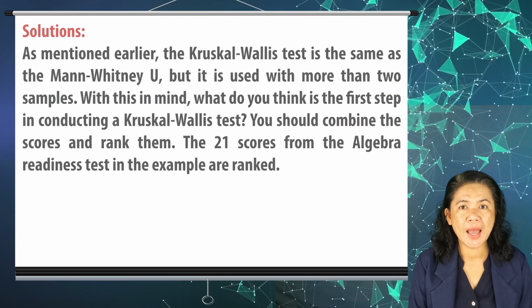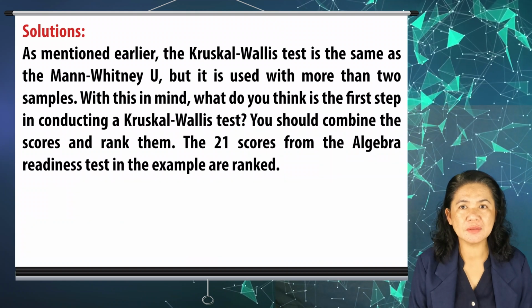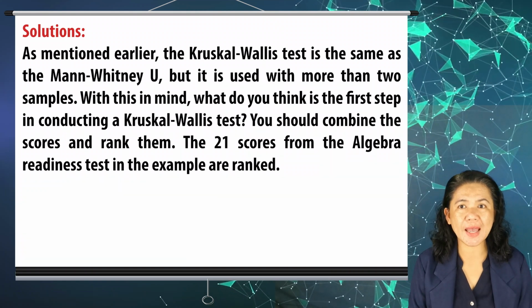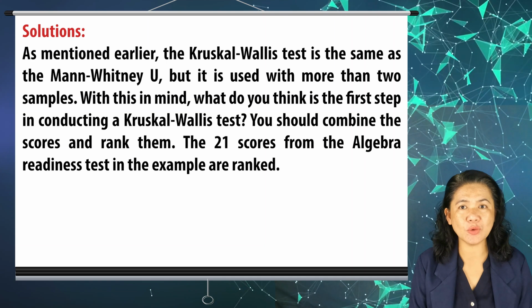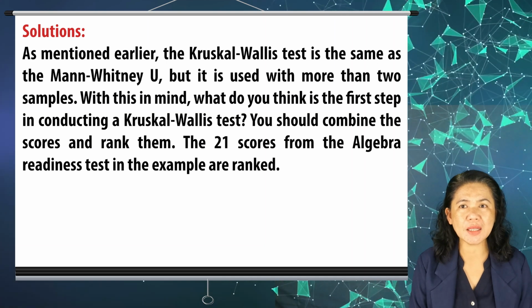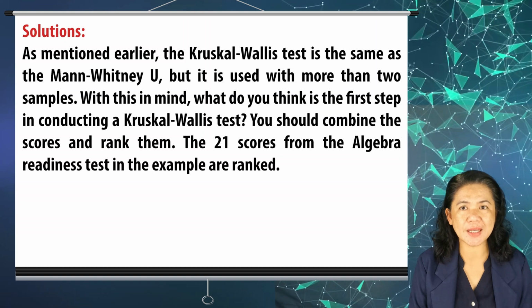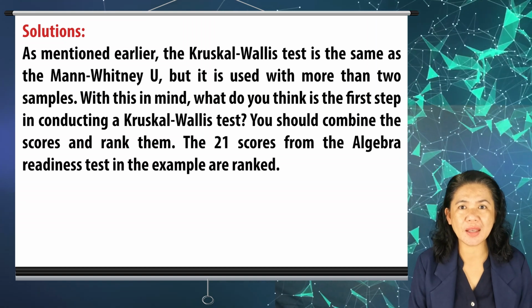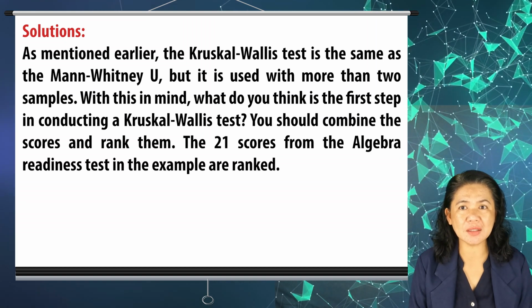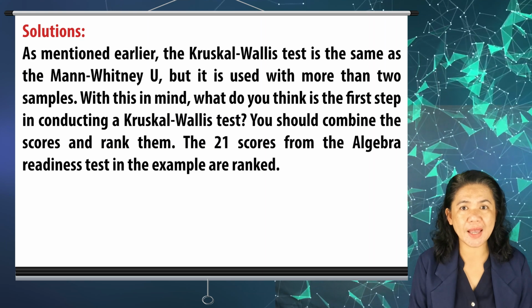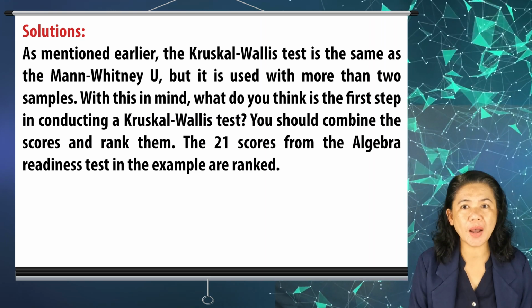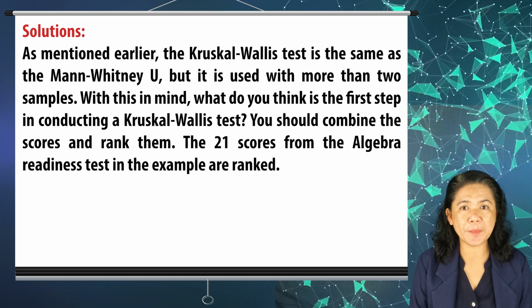Solutions. As mentioned earlier, the Kruskal-Wallis test is the same as the Mann-Whitney U, but it is used with more than 2 samples. With this in mind, what do you think is the first step in conducting a Kruskal-Wallis test? You should combine the scores and rank them.